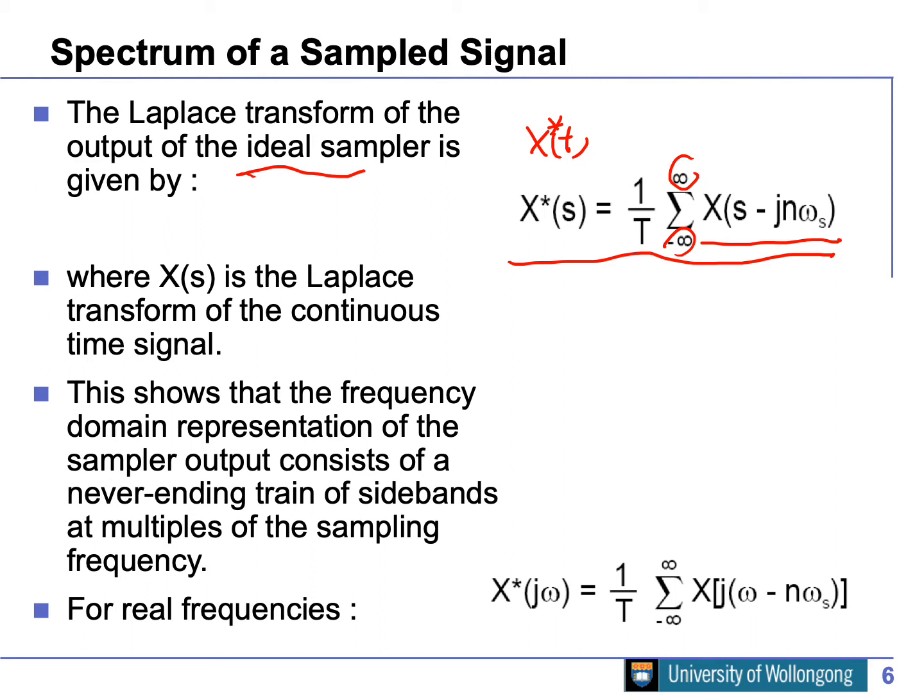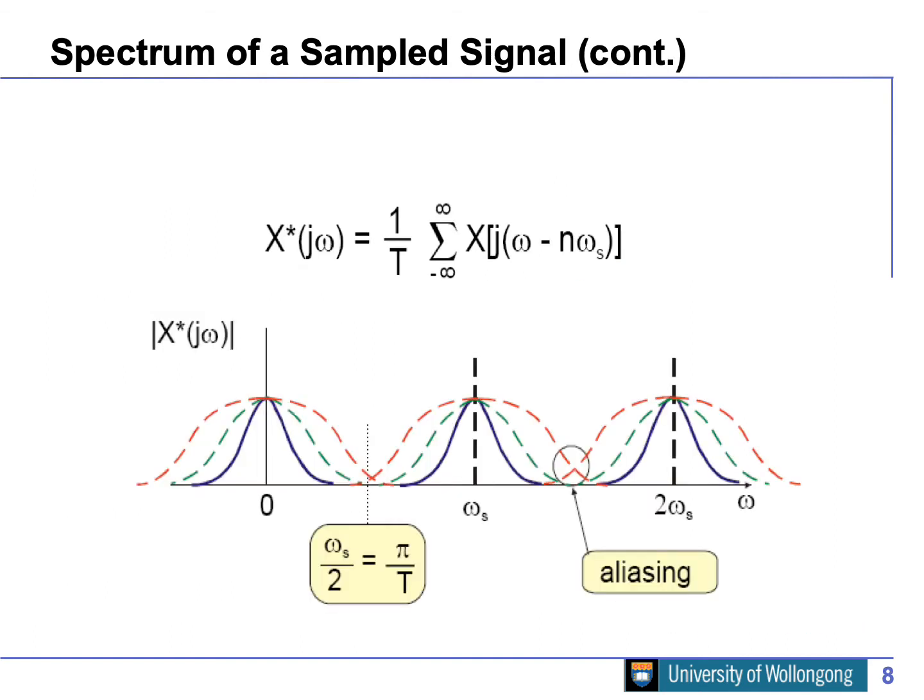If we take s equal to jω, we only look at the frequency side of the signal, and we don't worry about the real component of s. Then we can plot it, and from the plot things become very easy to understand.